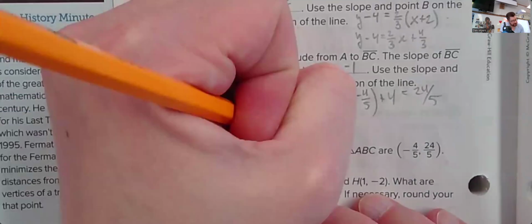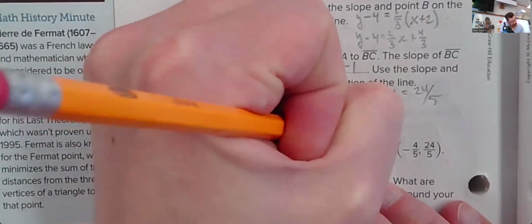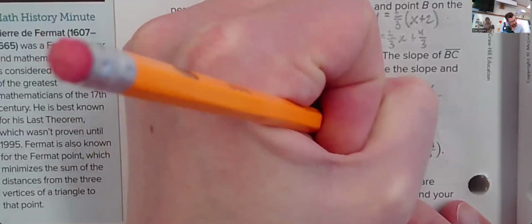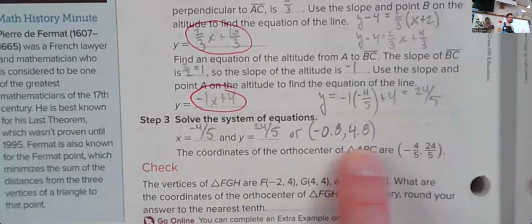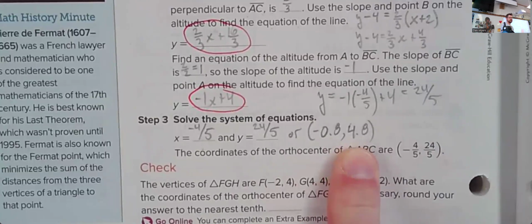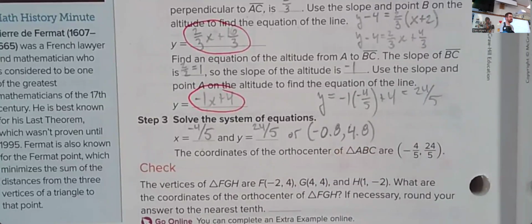You could say -0.8, comma 4.8. If the decimals are just single decimals after the decimal point, you're welcome to write that as a decimal. If it's thirds, don't do it because thirds are 3 repeating with a decimal, so that's not a very good way to write a decimal. But if it's a 0.8 or a 0.5 or a 0.2, go for it.